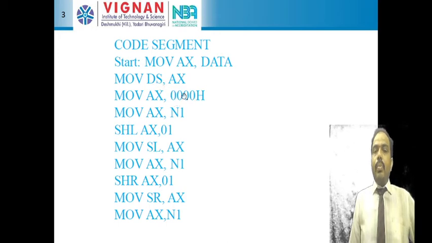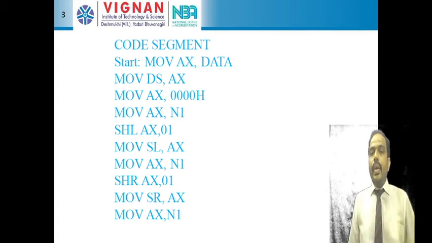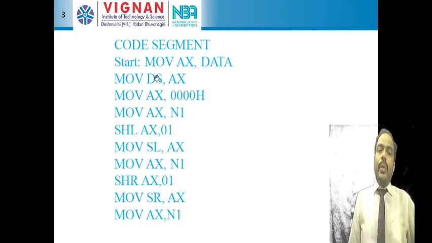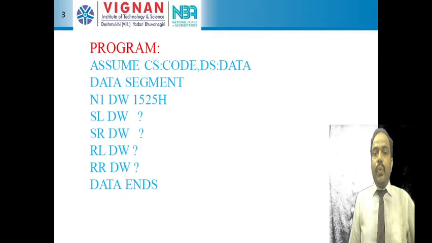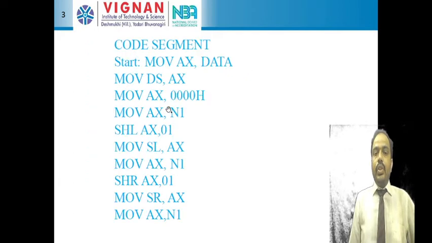That's why we move the starting address, which I am assuming is the offset address 000H, first into the AX register, then it is moved to the DS register. So DS will store the starting address 000H, the starting offset address of the memory on which we are going to operate. That means number 1 is stored at the 000H offset address.